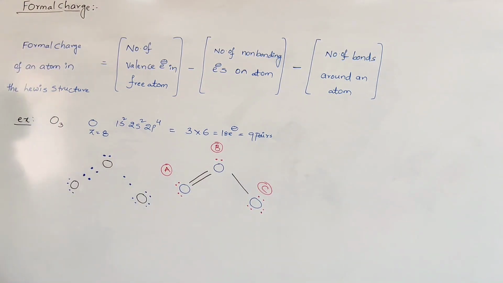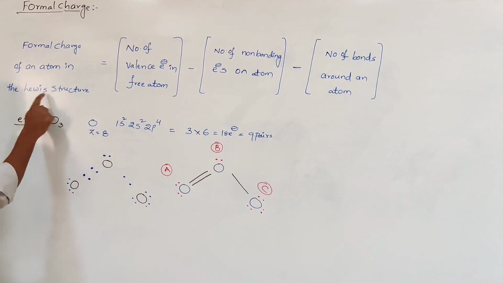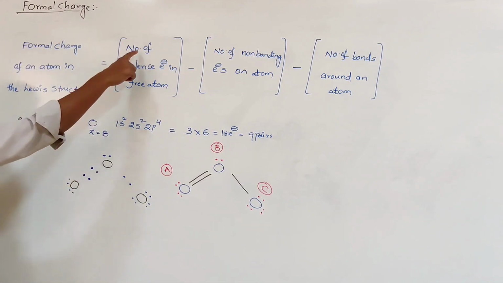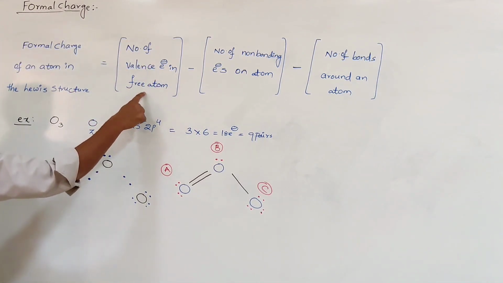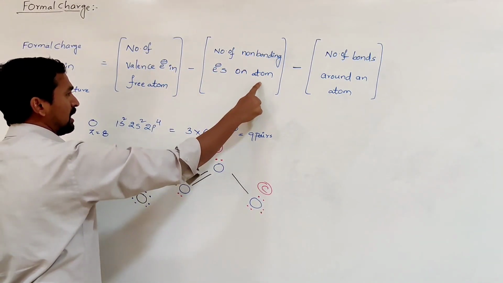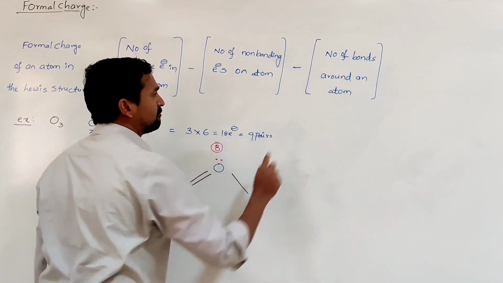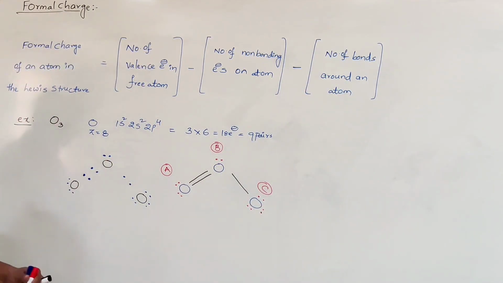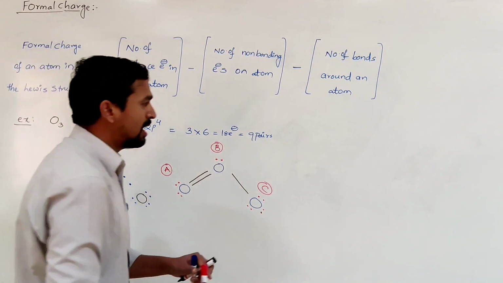To calculate the formal charge of an atom in a given molecule or ion, you know very well the formula. Formal charge of an atom in the Lewis structure is equal to the number of valency electrons in the free atom, minus the number of non-bonding electrons on the atom, minus the number of bonds around the atom. First, let's go for the A oxygen.